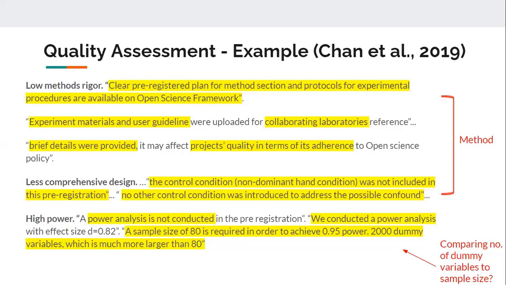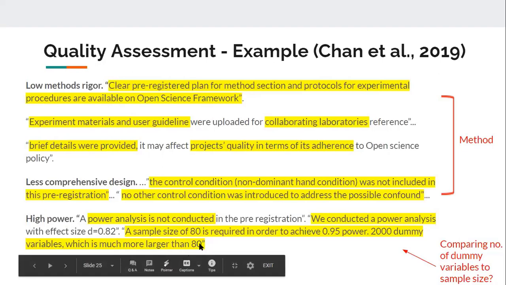They also mentioned another possible limitation, the lack of the control condition, which was present in the original study. This is a reasonable point raised by the students. The students also mentioned the power analysis is not provided. The students also mentioned 2,000 dummy variables, which is much larger than the sample size of 80. Be careful with this.